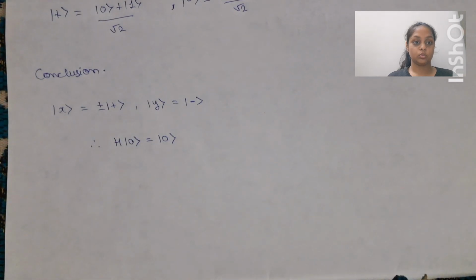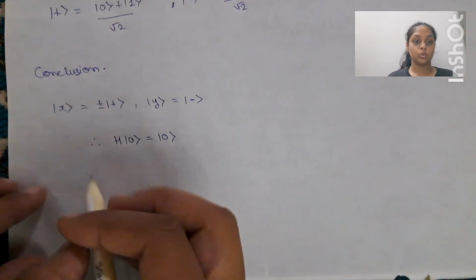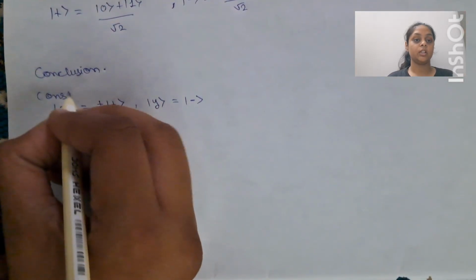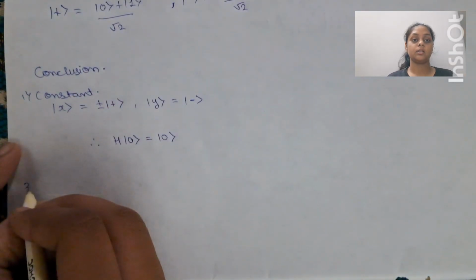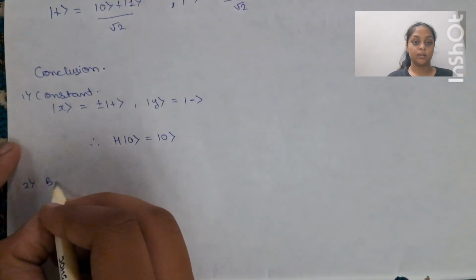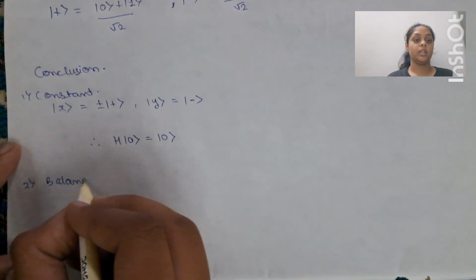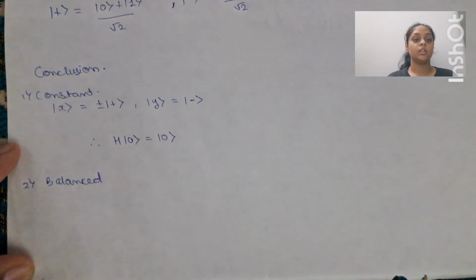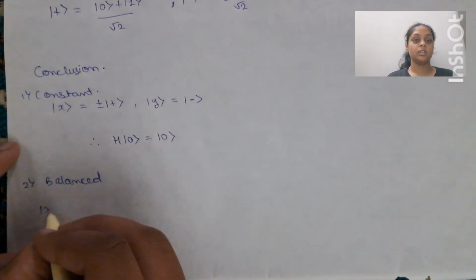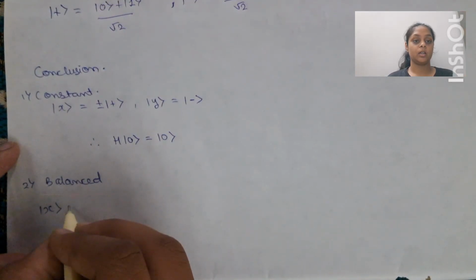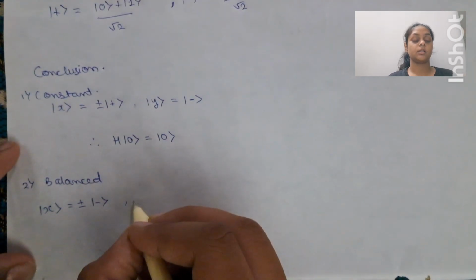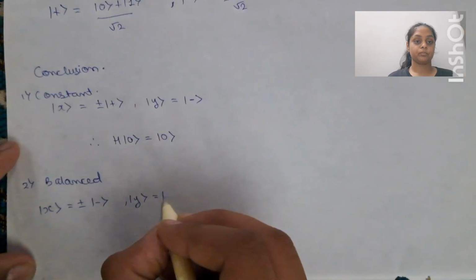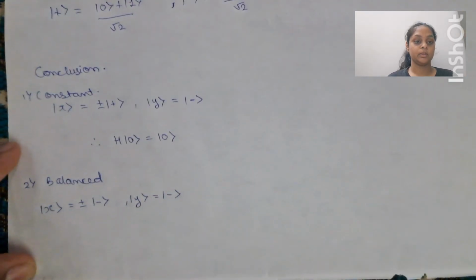But when the function is balanced, in |psi 3>, the first qubit, that is |x>, will be equal to plus or minus |minus>, and the second qubit, that is |y>, will be equal to |minus>.